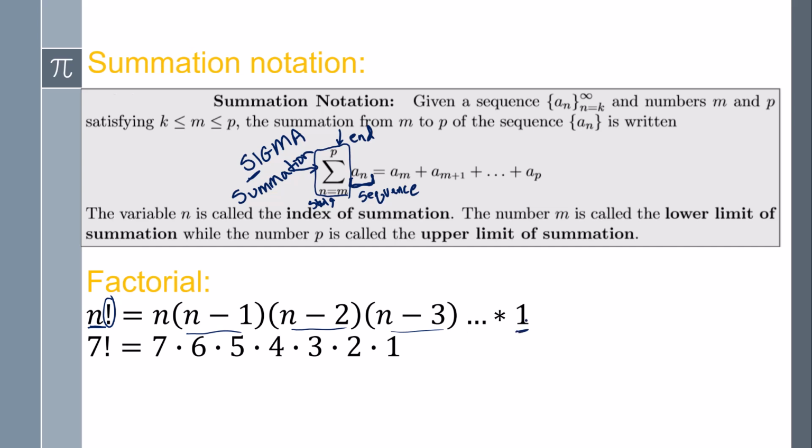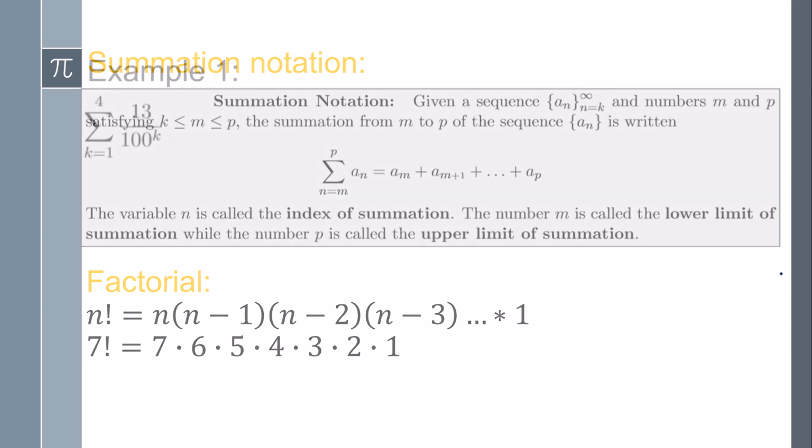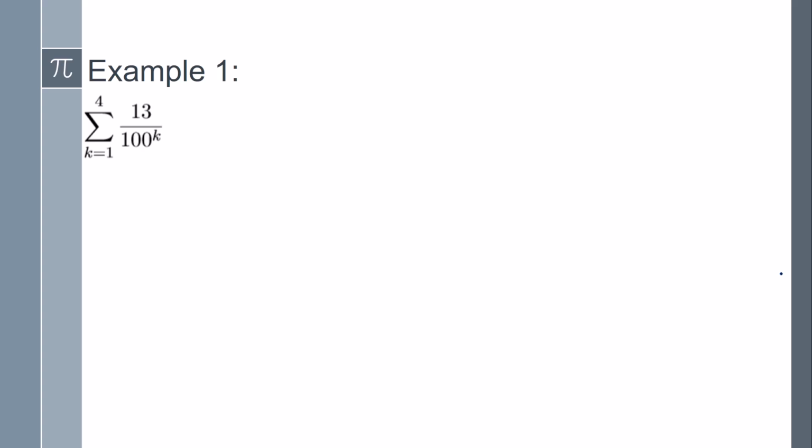The example I give is 7 factorial is 7 times 6 times 5 times 4 times 3 times 2 times 1. If I had 8 factorial, you'd start at 8 and multiply down. If I had 100 factorial, you start at 100 and multiply down. So you just start at the value and multiply counting down. Factorial.